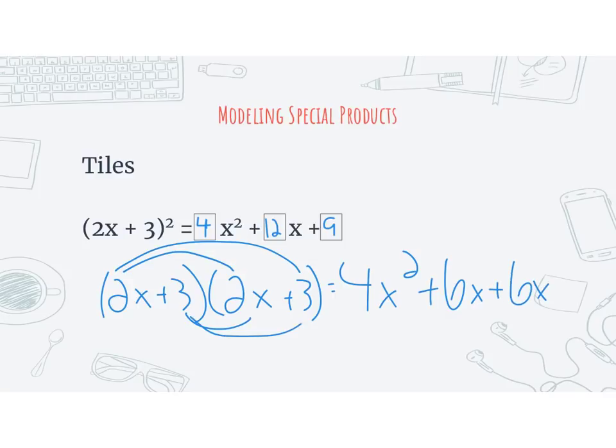And 3 times 3 is 9. Then we combine like terms, so we get 4x squared plus 12x plus 9. So notice we still had the 4x squared and the 9. We just now picked up our middle term of 12x.